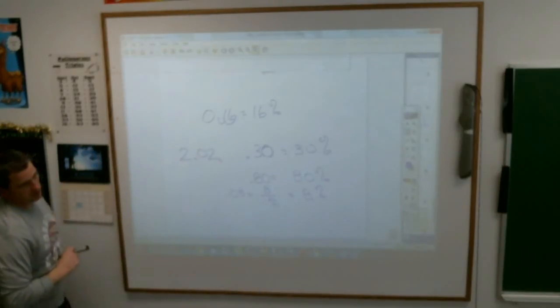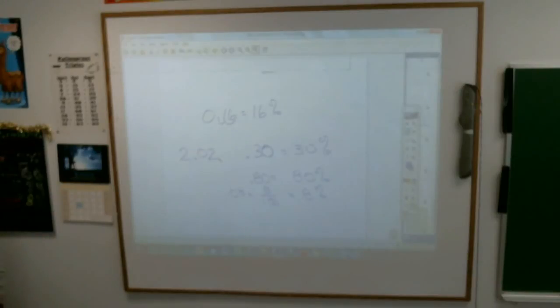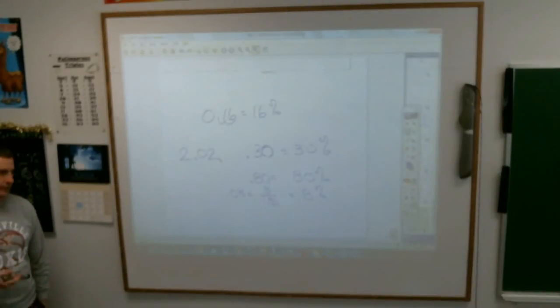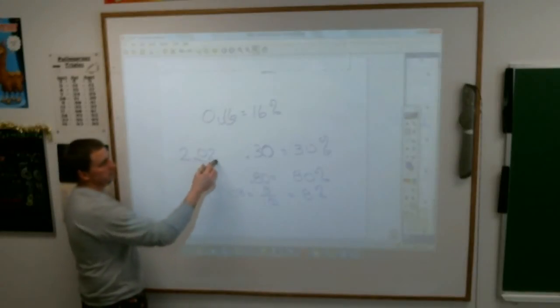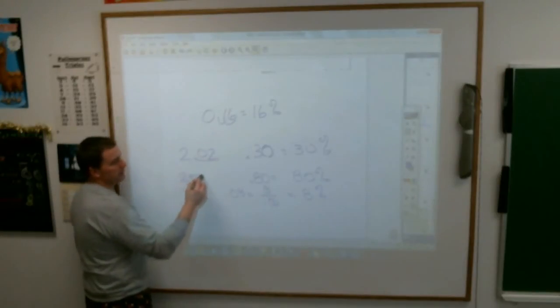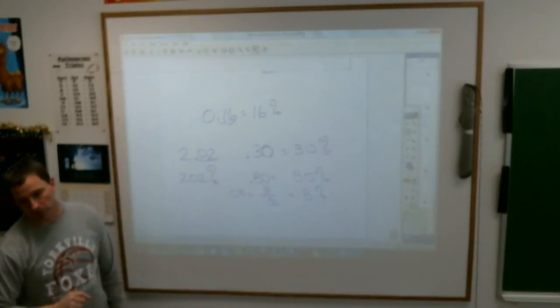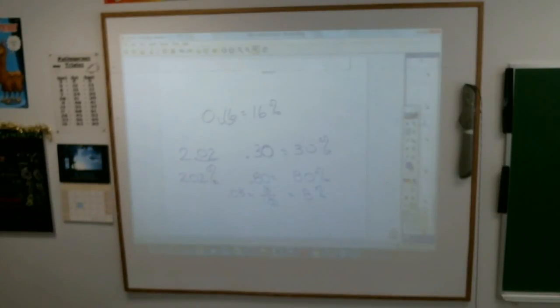What percent would that be? Landon? 202%. Yep, just move the decimal 2 places there. You can have percents higher than 100. I don't think you can give 202%, even though coaches might think you can. They might say that, but I don't think they can.